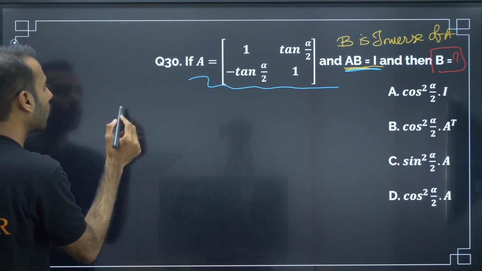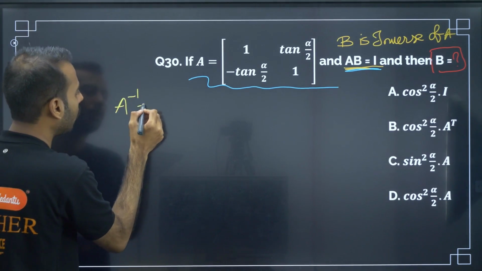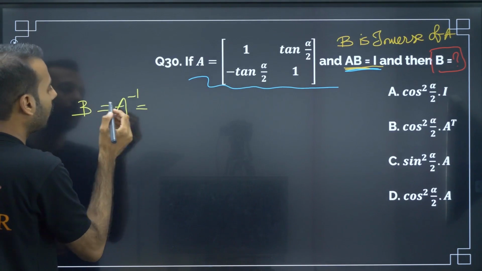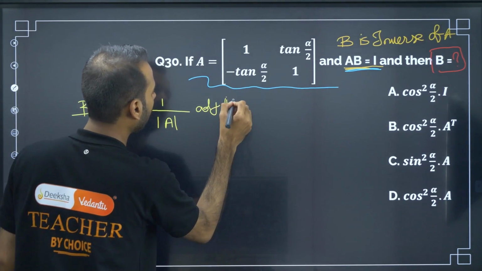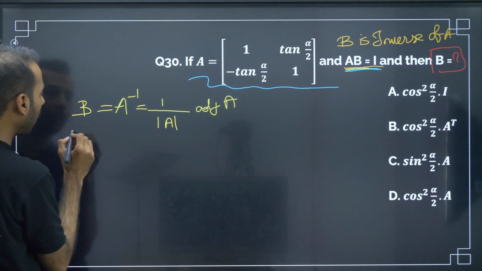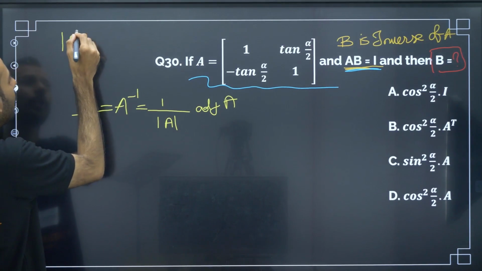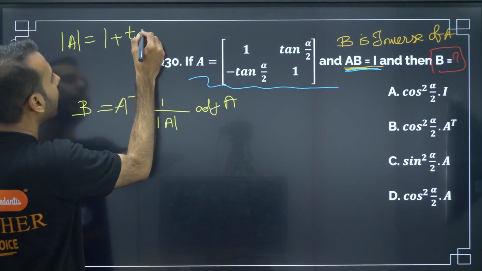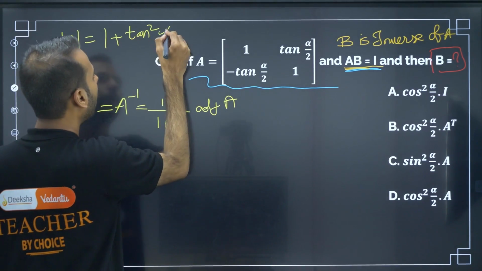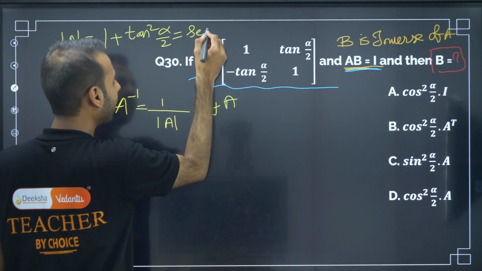How to find the inverse of A? A inverse is equal to B, which is 1 by det A times adjoint of A. How to find the determinant of A? Determinant of A is equal to 1 plus tan square alpha by 2, which is equal to secant square alpha by 2.